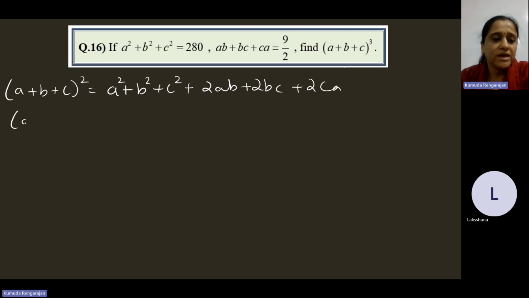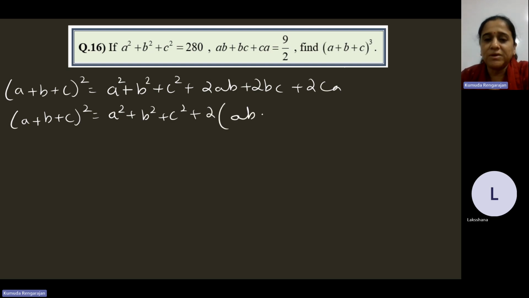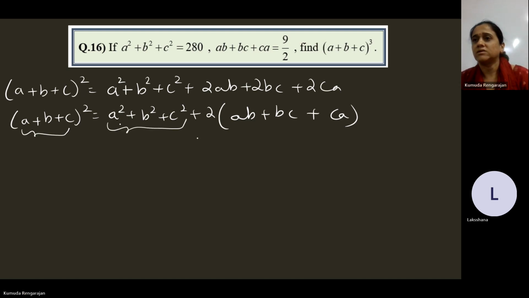Or you can also write it as a squared plus b squared plus c squared plus 2 into (ab plus bc plus ca). You can take 2 common. Now look at the expressions involved in this identity: a plus b plus c, a squared plus b squared plus c squared, ab plus bc plus ca.